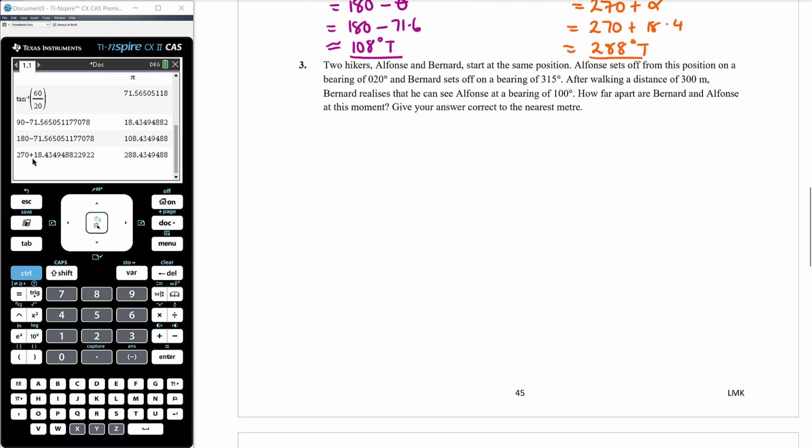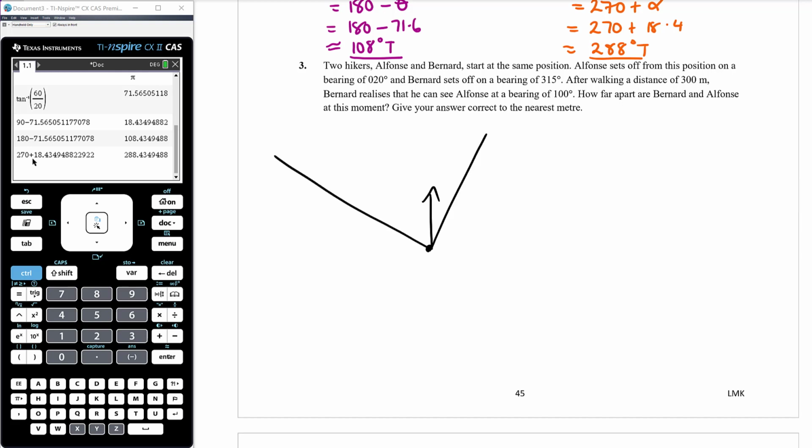Okay, question 3. Two hikers, Alphonse and Bernard, start at the same position. Alphonse sets off from this position on a bearing of 20 degrees. Bernard sets off on a bearing of 315. So if they start from here, 20 sort of that way, 315 sort of that way.